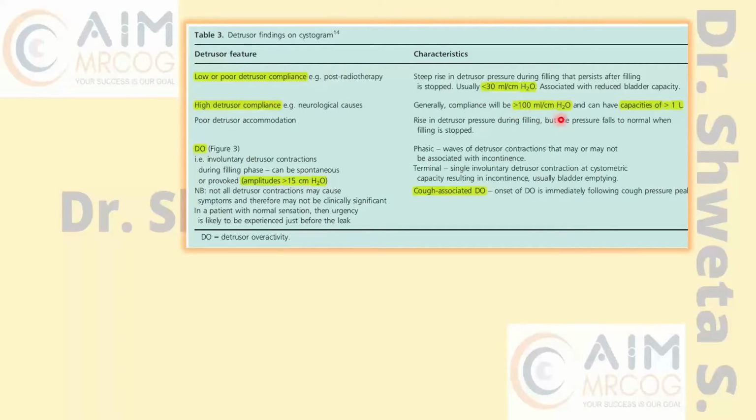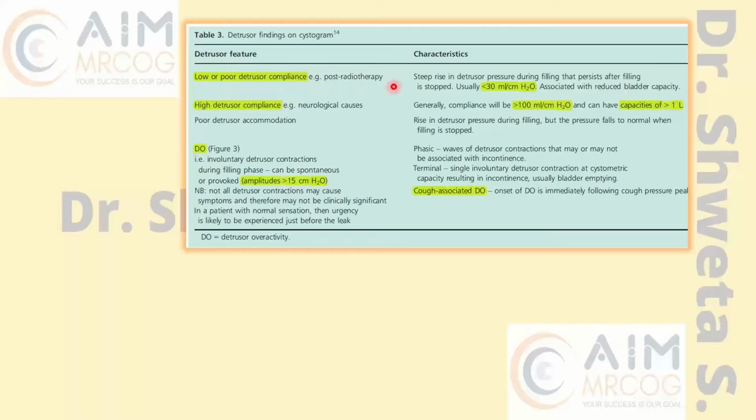If more than 100 ml leading to 1 centimeter change, it means high compliance. Ideally, it should be somewhere around 40. So if with 40 ml or so it is changing 1 centimeter, you are happy. But less than 30 ml changing 1 centimeter, bad. That means low compliance. And more than 100 is changing, means it is high compliance.